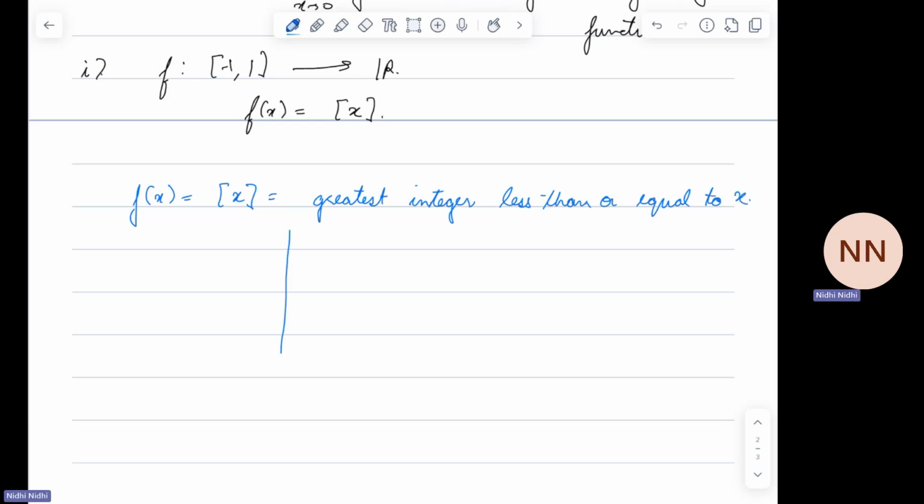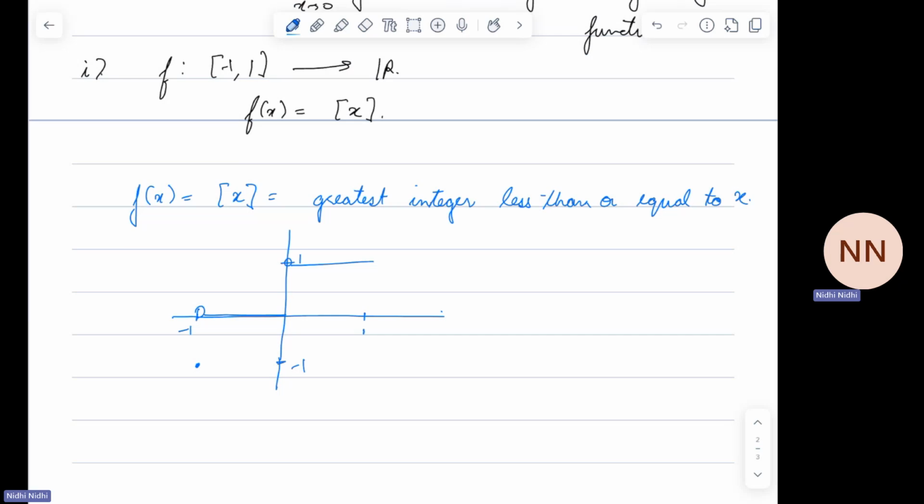So if we want to plot this function, we are from -1 to 1. Obviously at -1 the value will be -1. From open -1 to 0, this will be -1. Then from 0 to open 1, this will be 0. So this is how the function looks like.